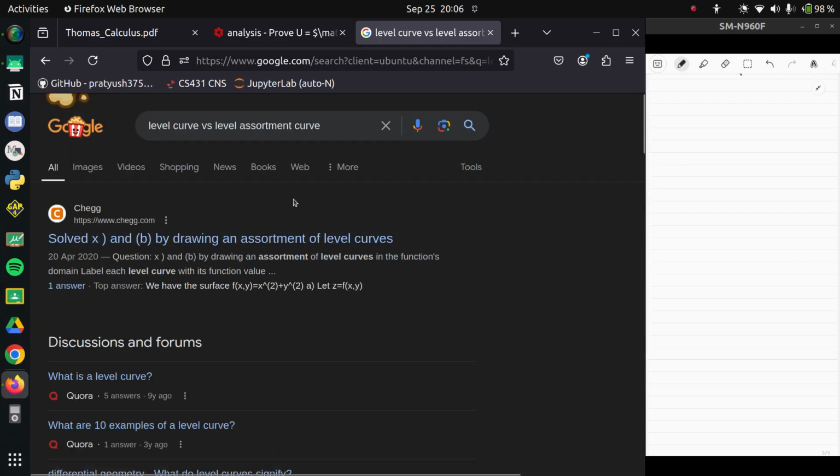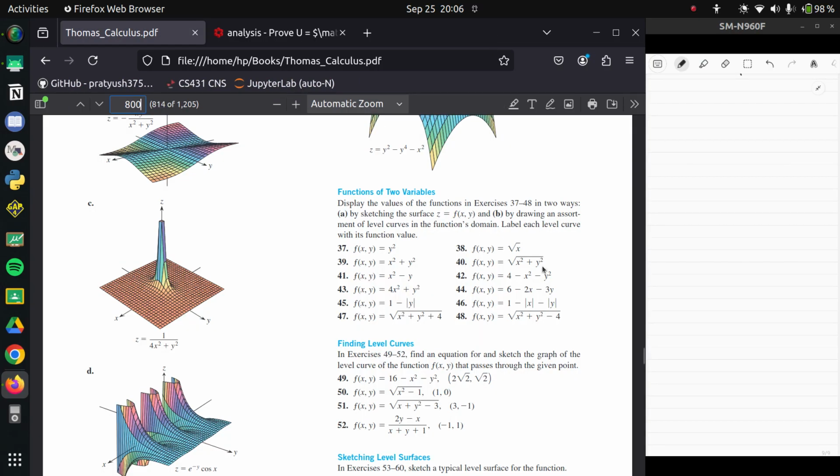Okay, it's just not giving me the answer. Oh, okay, right, sorry. An assortment of level curves. Level curves are like this in the xy plane, in the function's domain, and then there's the surface. The surface is actually what we are kind of sketching.